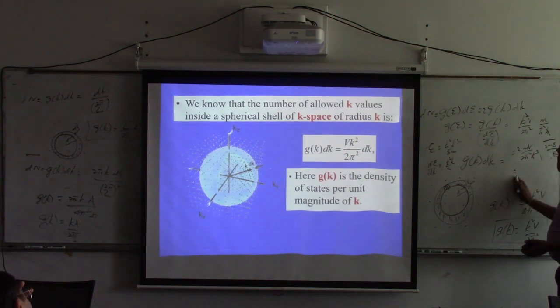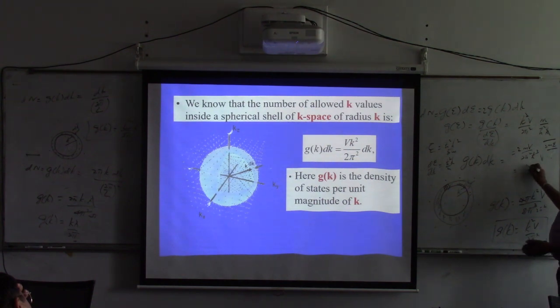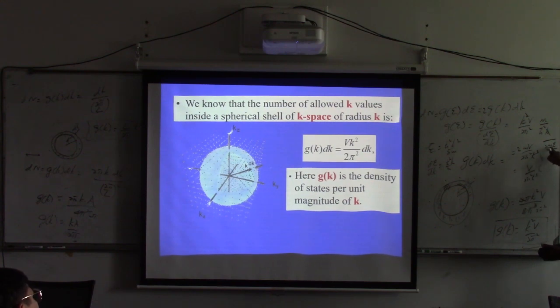That means your expression will be V divided by 2 pi squared h cubed, then I have this m to the power half, that means m to the 3 by 2, and 2m to the 3 by 2 times the square root of E.